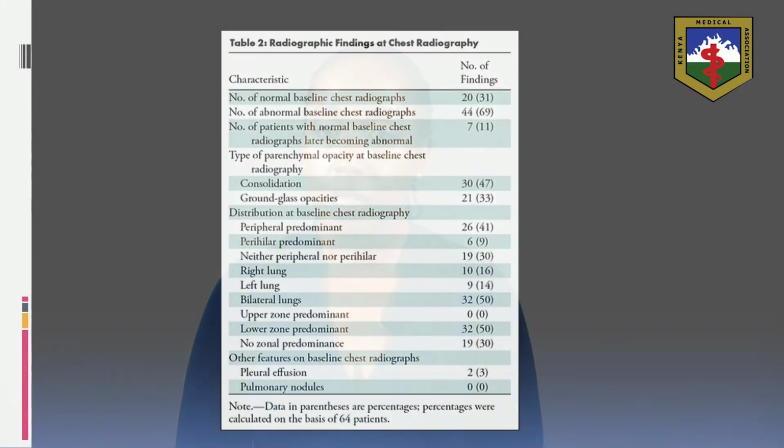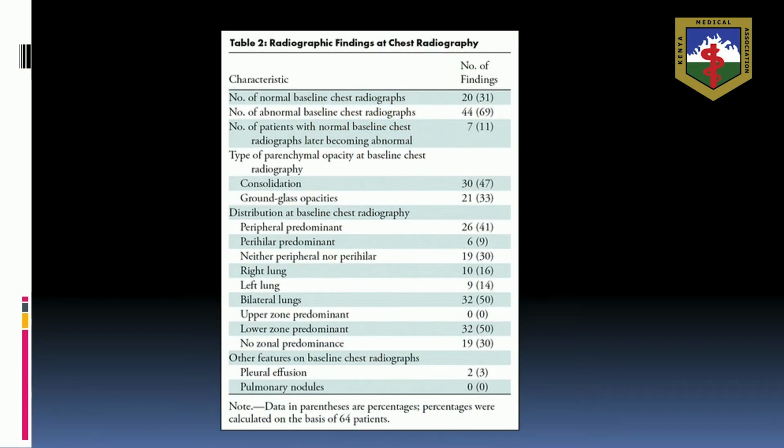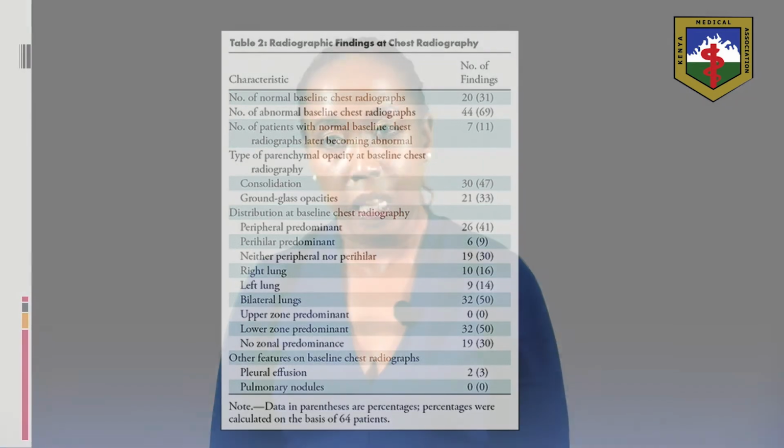The other thing was that in 30%, they were neither peripheral nor perihilar. There were more in the right lung by 16%. The left lung had 14%, and they were bilateral in 50%. So more often than not, you will have them being typically bilateral.